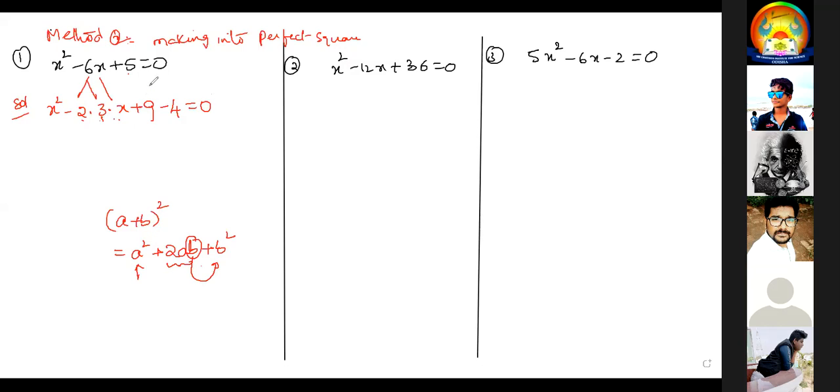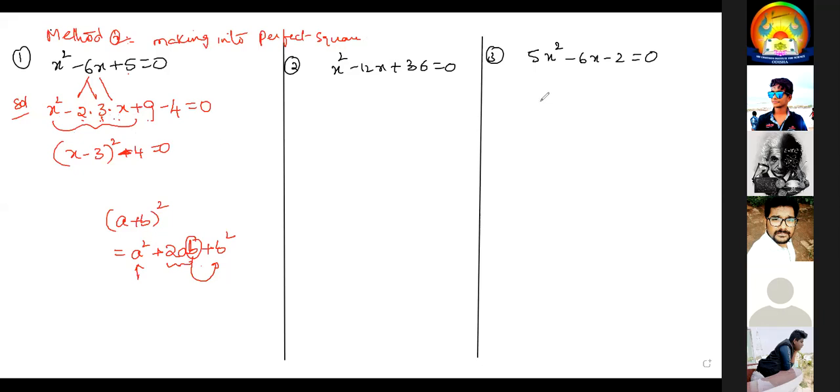Then you should ask me, is there any reason you are writing 5 as 9 minus 4? Yes, perfectly there is a reason, like 3 square is 9. Now it can be written as (x minus 3) whole square plus 4 minus 4 equal to 0, so (x minus 3) whole square minus 4 is equal to 0.